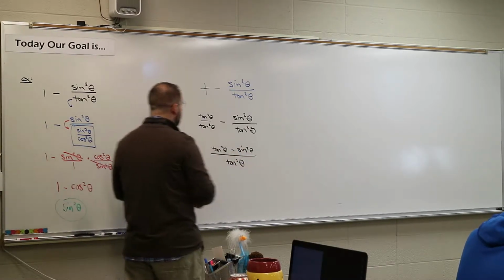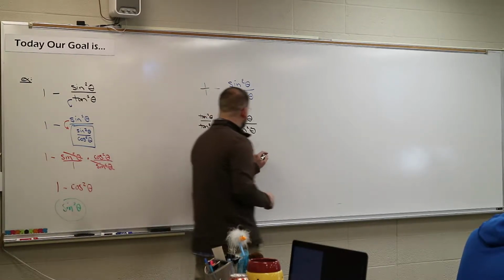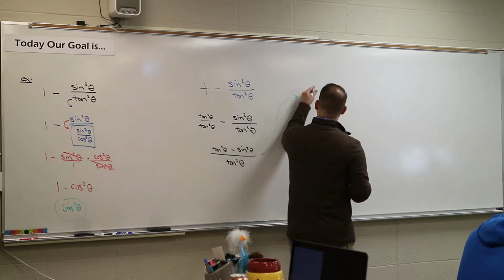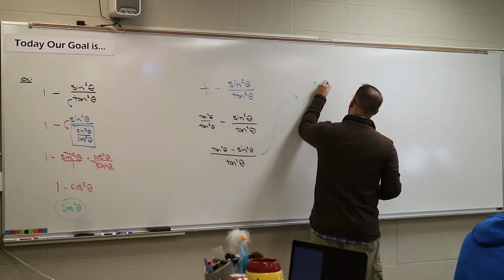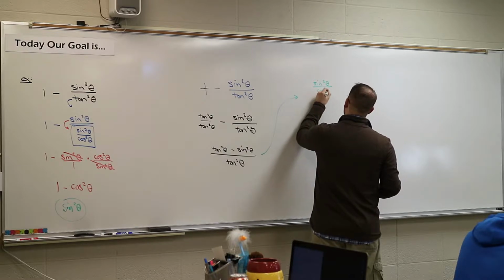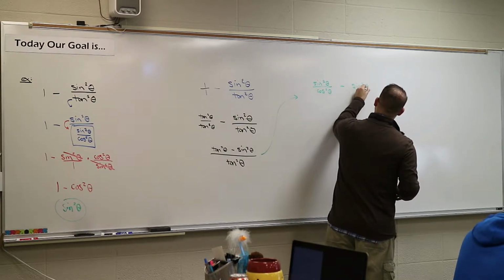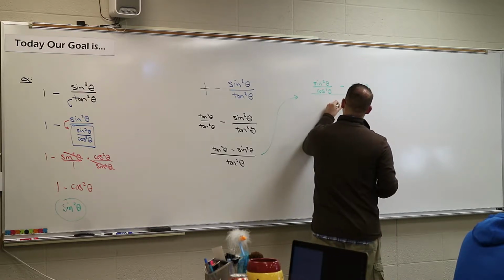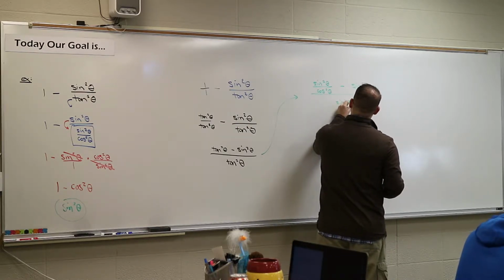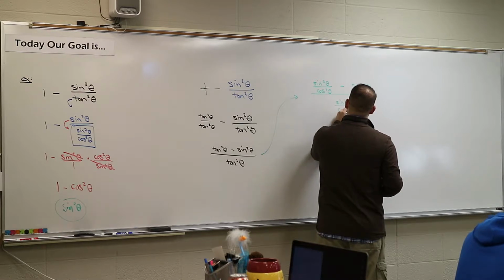So I'm going to replace everything in terms of sines and cosines. So this turns out to be, I'm just going to continue up here. This is sine squared over cosine squared minus sine squared all over sine squared over cosine squared.